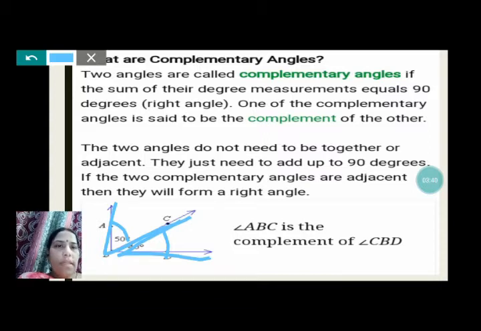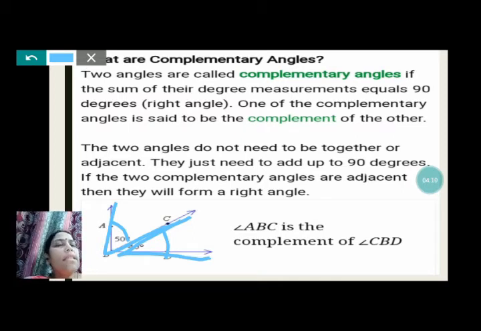So it is not necessary that both the angles should be joined to each other. Adjacent means they should be joined to each other. They just need to add up to 90 degrees. So if the two complementary angles are adjacent, they will form a right angle.